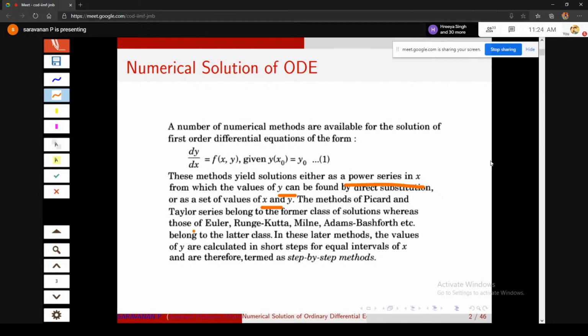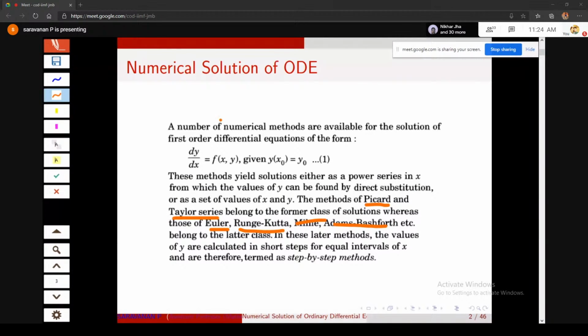The methods of Picard and Taylor series belong to this class of solutions, and we are going to learn these methods in our syllabus. First Picard, then Taylor series method, then Euler method, then modified Euler's method, then Runge-Kutta method. Adam-Bashforth method, etc. are not included in our syllabus.